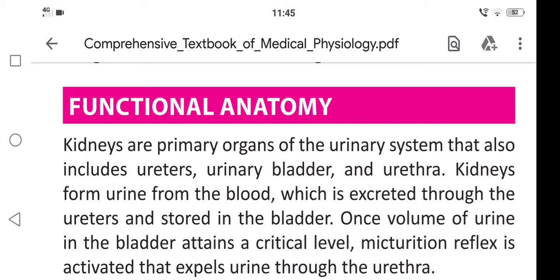Today we are going to learn something about the functional anatomy of kidneys. Kidneys are the primary organs of the urinary system, and the urinary system also includes the ureters, urinary bladder, and urethra.